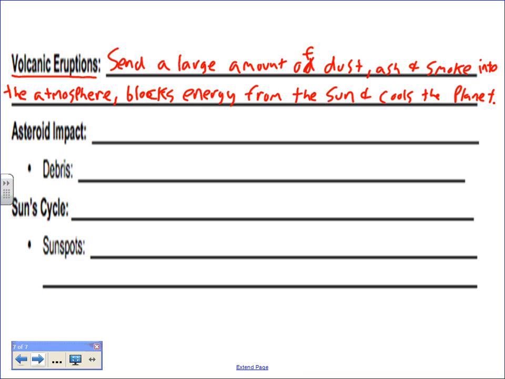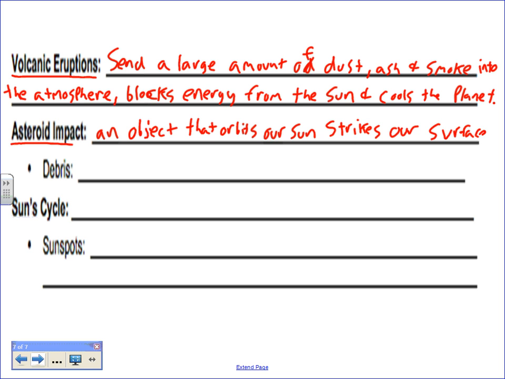Another thing that can change our climate is an asteroid impact, okay? And it has in the past. This is when an object that orbits our sun, so an asteroid, strikes our planet's surface. And the reason why this is important is because of the debris.